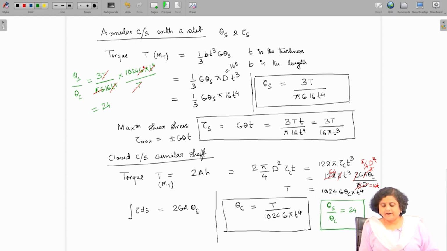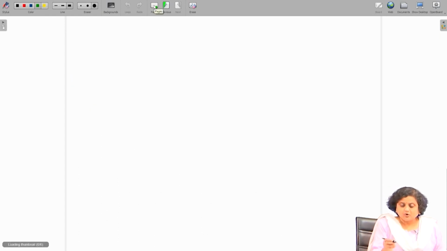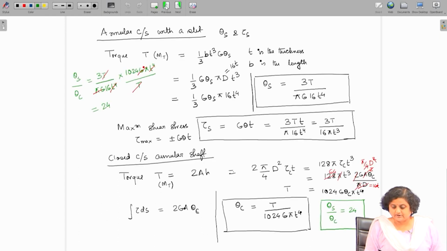Now, we have to find out the expression for tau c and see what is the ratio of the shear stress for both the cross sections.